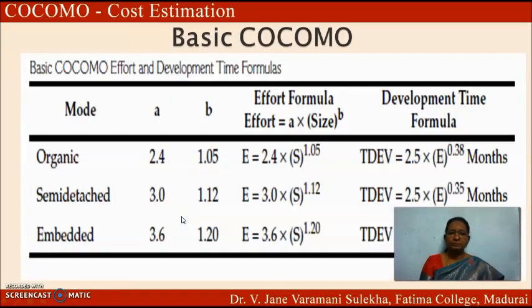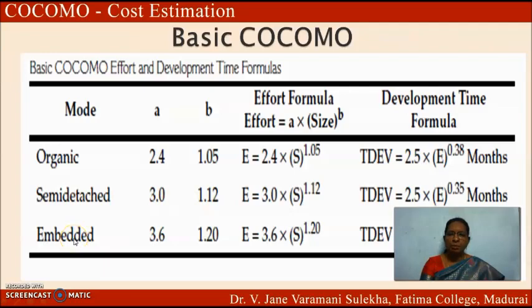Now we have 3 modes, right? So when we take organic mode, we have to give A value as 2.4, B value as 1.05. When we use the mode as semi-detached, we have to give the value A as 3.0, B as 1.12. These are standard values.